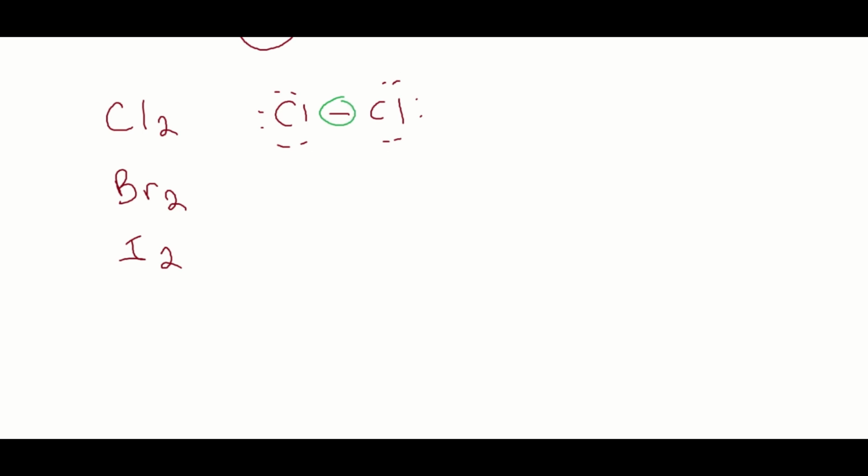This covalent bond is completely nonpolar. It is purely covalent. There's no difference in electronegativity because they're both chlorines. And you can say that about bromine, iodine, any diatomic molecule. And it doesn't have to be diatomic. There are many examples of nonpolar molecules.